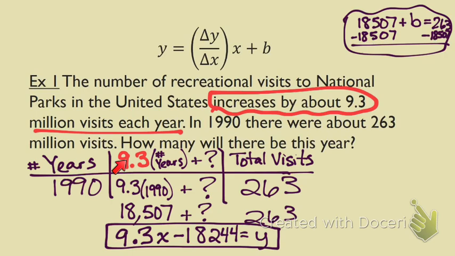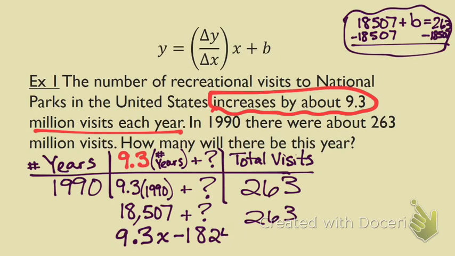So starting from yesterday, 9.3 times the number of years. Ooh, maybe I jumped the gun because we have to define our variable. We haven't done that yet. So don't erase what you have.